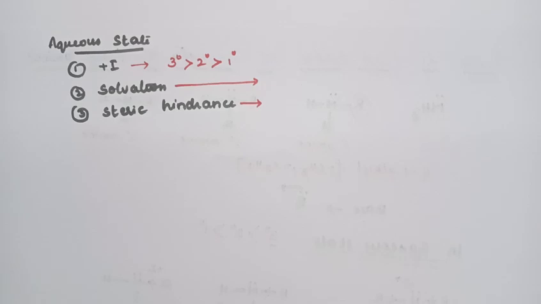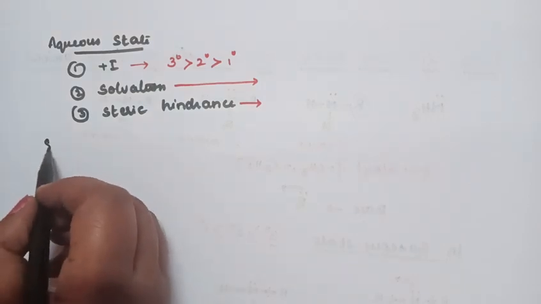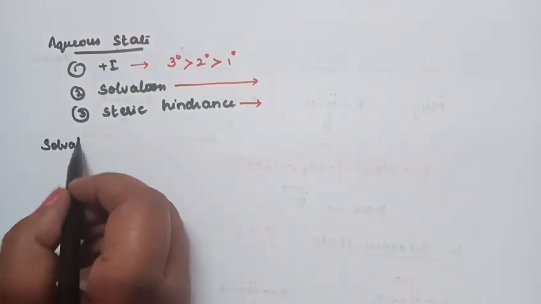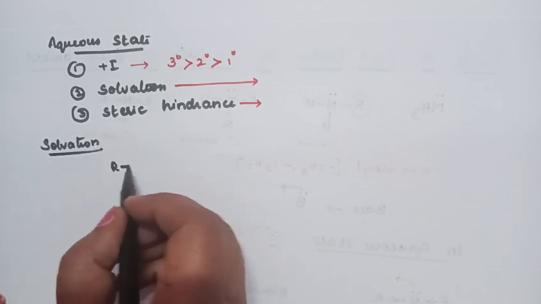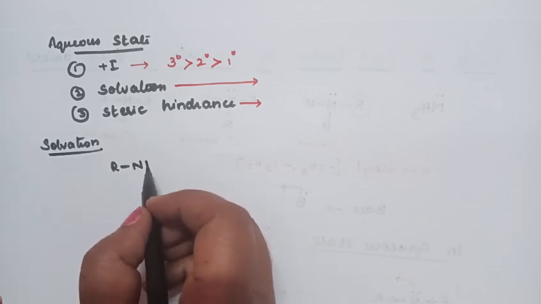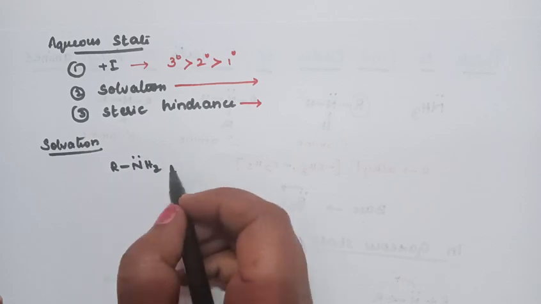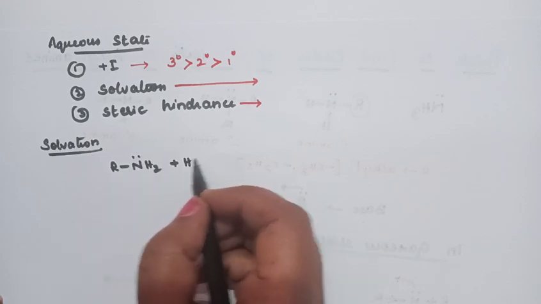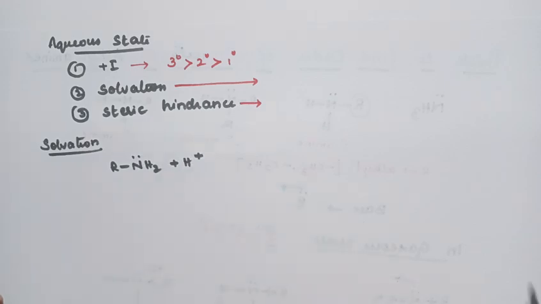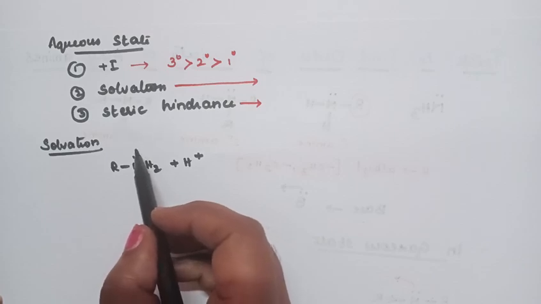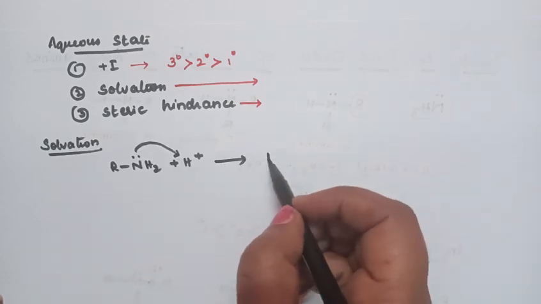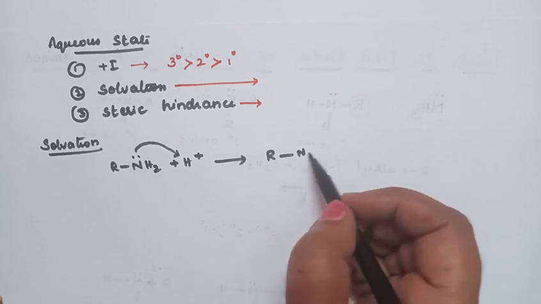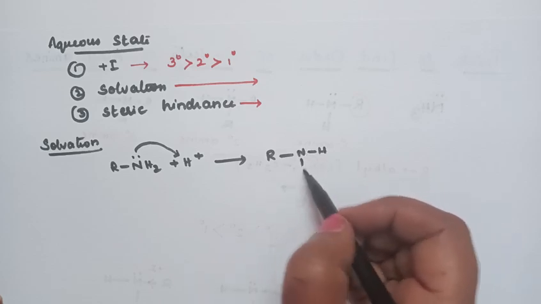So first we will take solvation. Whenever you take amine in water, this is amine. In the aqueous state, in water, there will be H plus ion. This lone pair of electrons will attract this H plus ion and it will form R, N, hydrogen, hydrogen.